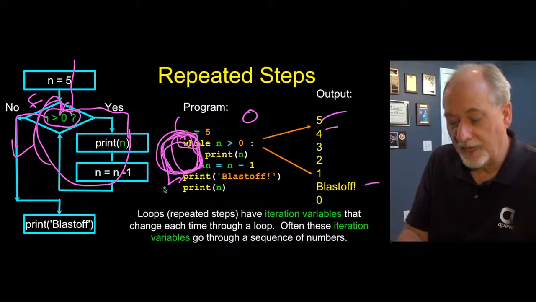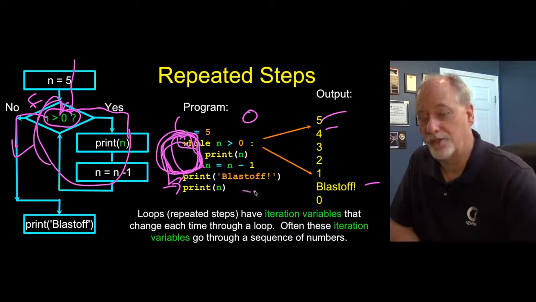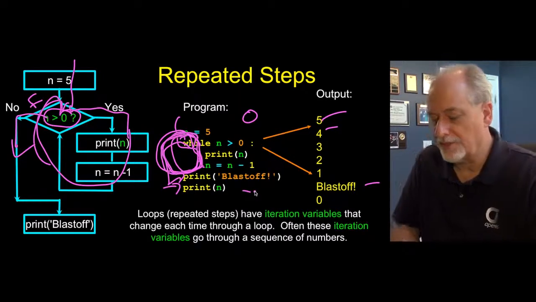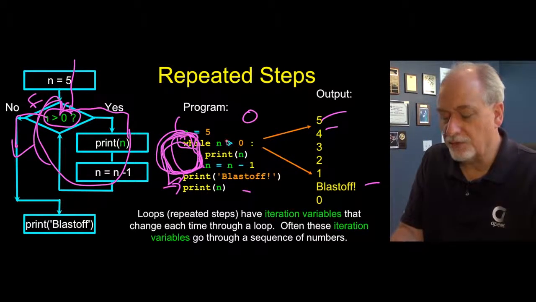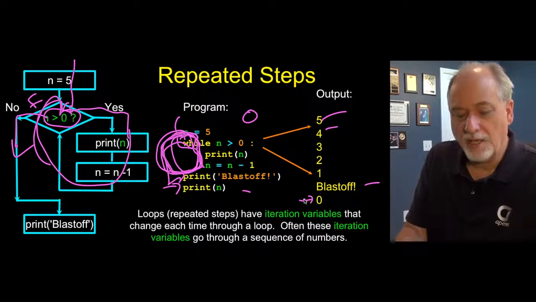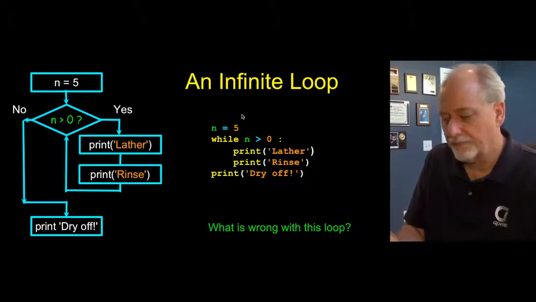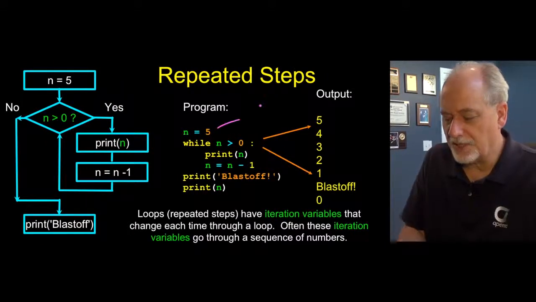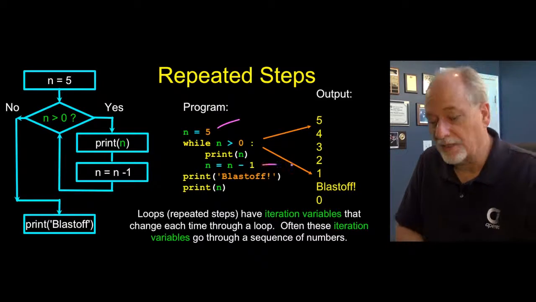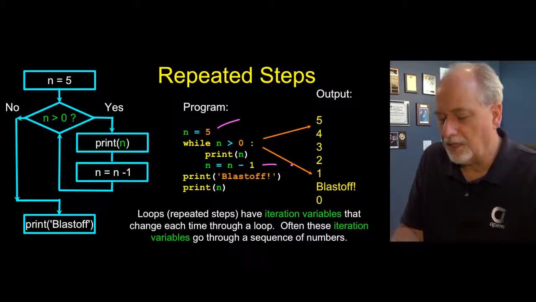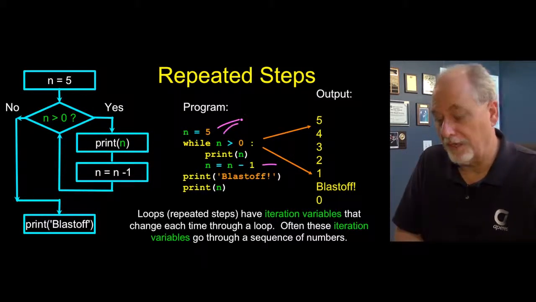Then it prints blast off, and we print out the residual value of n just to prove to ourselves that it ran until n was no longer greater than 0, and 0 was the final value for n. We carefully constructed n: we set it to 5, then carefully subtracted 1 each time through the loop, and we use that to control when to exit the loop.